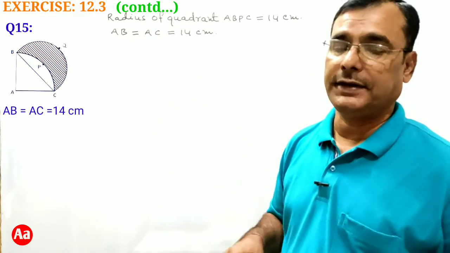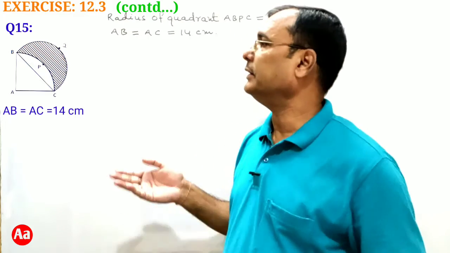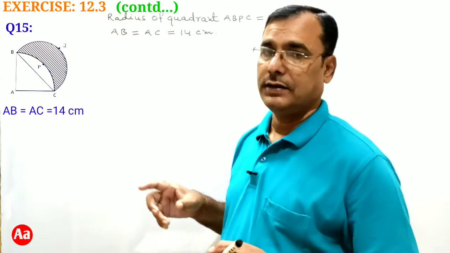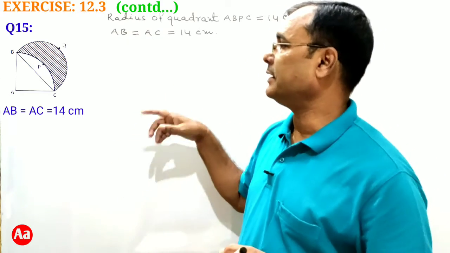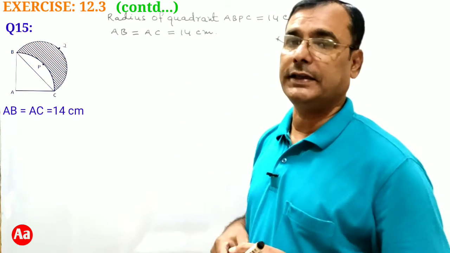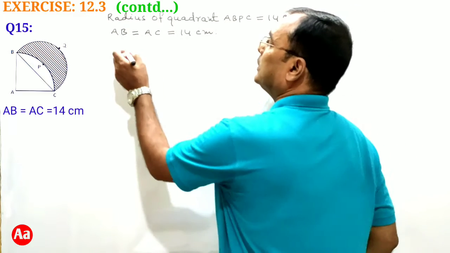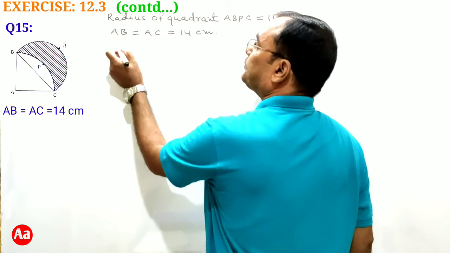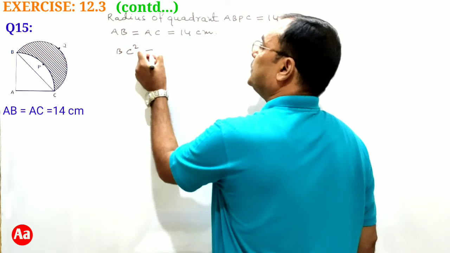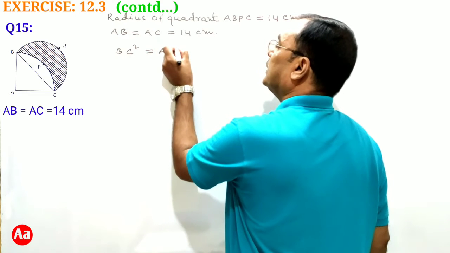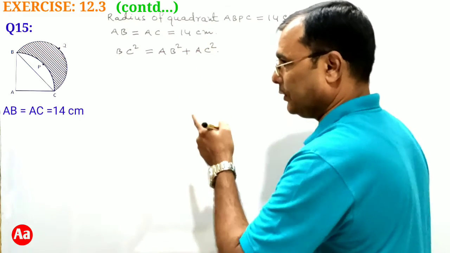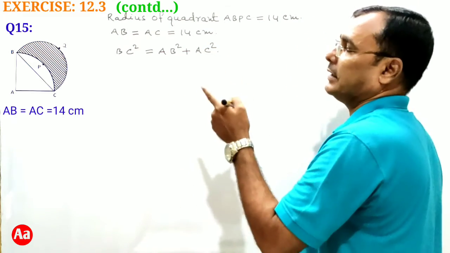BC is the diameter of another semicircle which is drawn in this given figure. So first let us find BC, which will be the diameter of this semicircle BCQ, and thereafter we will find the radius of semicircle BCQ. BC square equal to AB square plus AC square. This is Pythagoras theorem we are using in right triangle ABC.